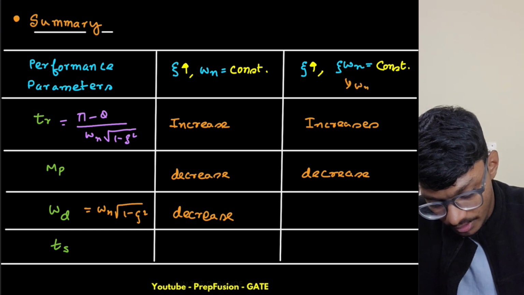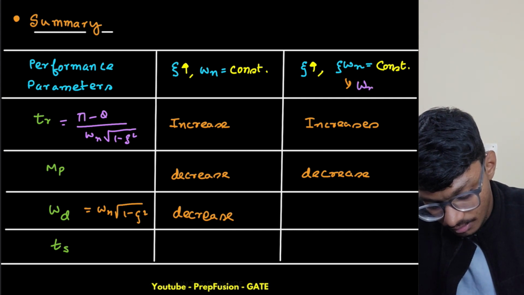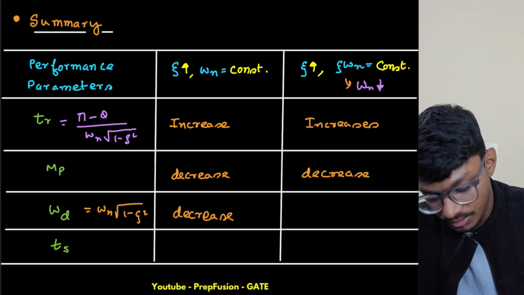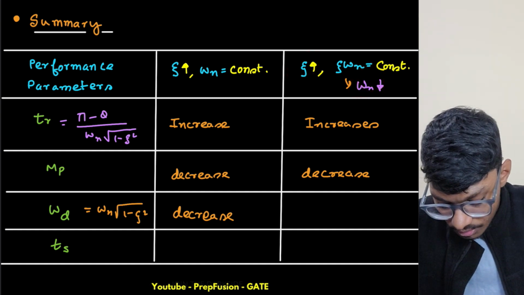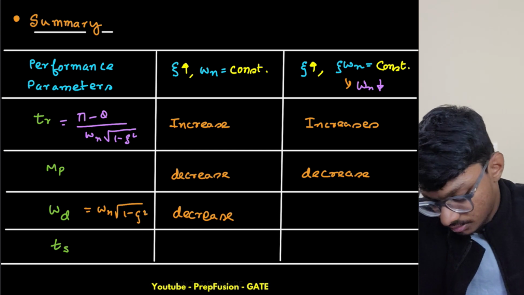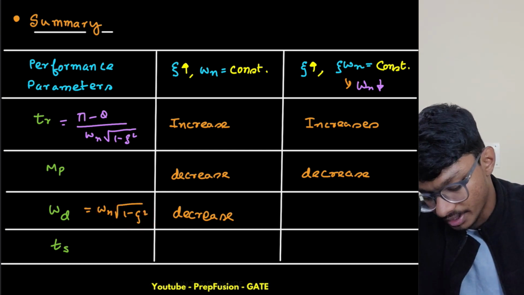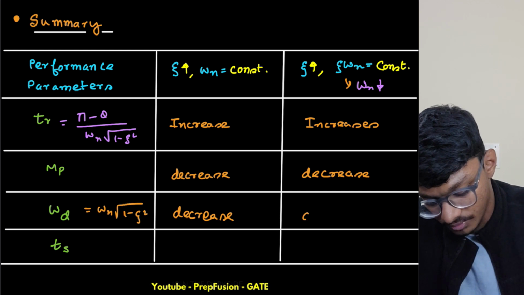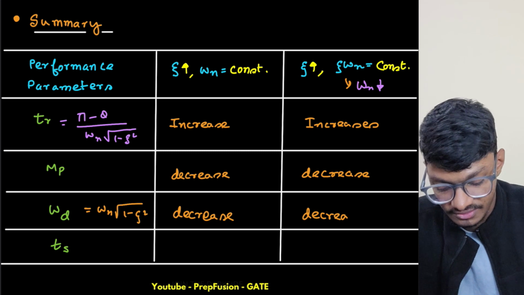So my omega n reduces and zeta increases. This is reducing and this is increasing, but overall it is reducing, so my omega d will decrease. Just try to understand how you can analyze different parameters.